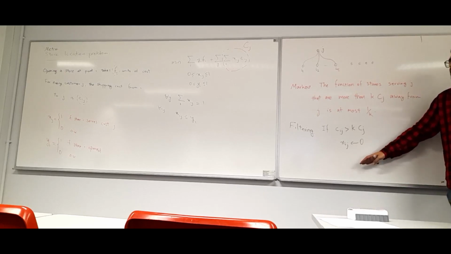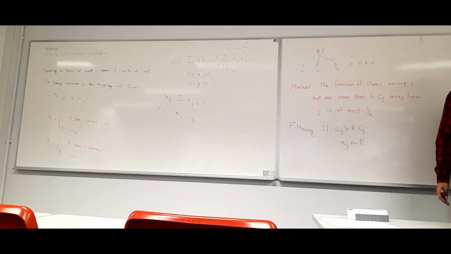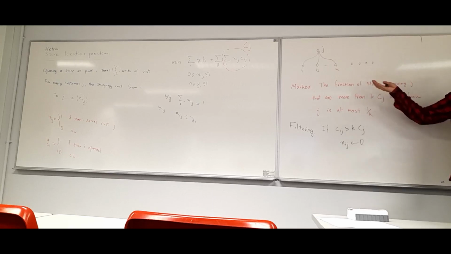But if I do this, then this customer might get less than 1 unit of service. This customer needed 1 unit of service, right? So what else do I have to do? I have to basically multiply the remaining services so that this customer gets the 1 unit of service that it needs.